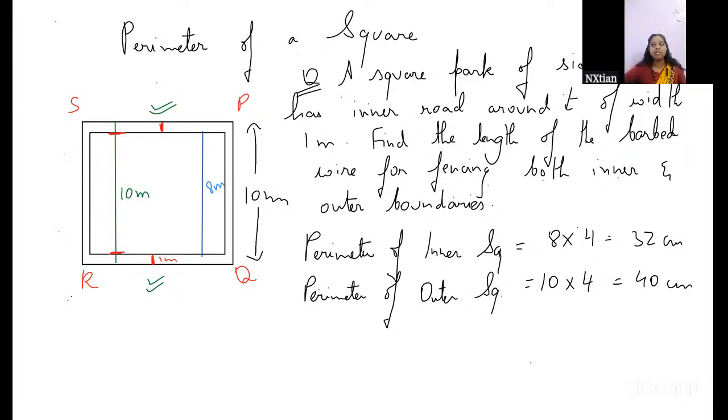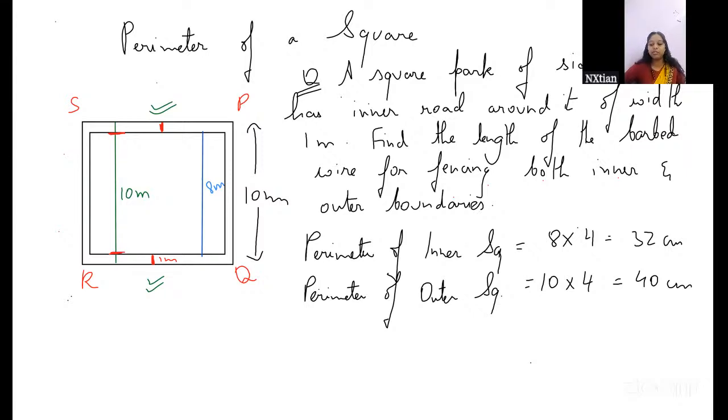They can ask you such questions. Suppose a runner is running around a square field, around the boundary of the square field. Find the length that he has run if he covers one whole round. You have to use your brain to think that if he has taken one complete round of the square, then it will be the perimeter.